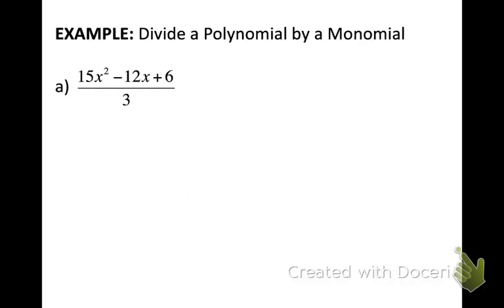So the first type of problem we're going to look at is taking a polynomial and dividing it by a monomial. So we have 5x squared minus 12x plus 6 divided by 3.